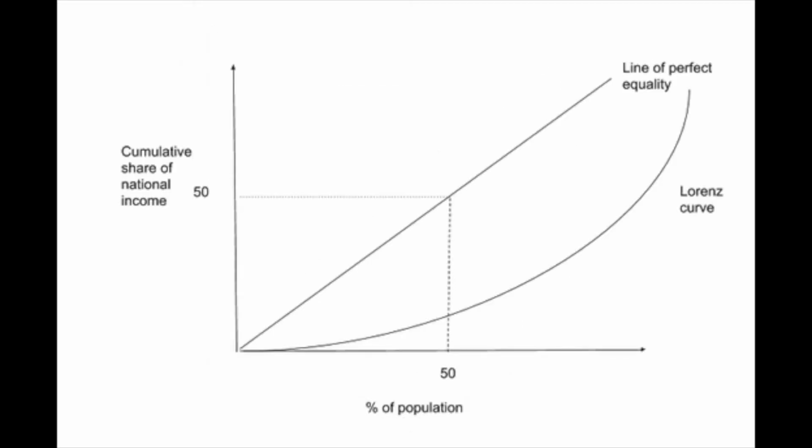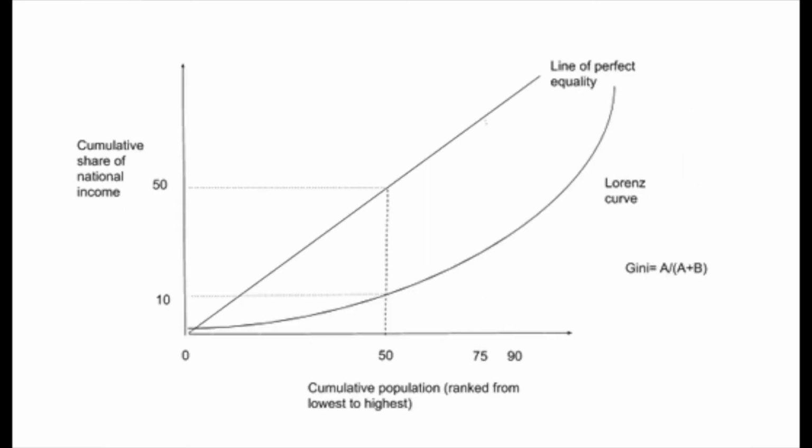Next up, each individual nation has its own Lorenz curve, and the Lorenz curve basically depicts where the share of national income flows to the percentage of the population ranked by income group. In the example here, we have that in this country, the bottom 50% receives only 10% share of national income.